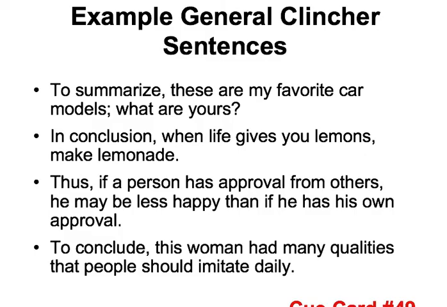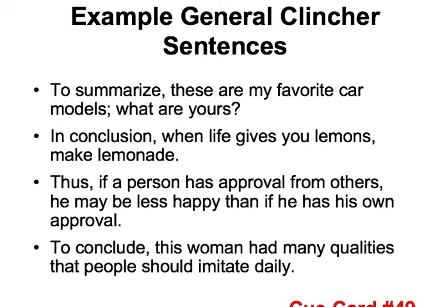To summarize, these are my favorite car models. What are yours? Notice you have the concluding transition, to summarize, and then a comma. These are my favorite car models. What are yours is my clincher sentence.